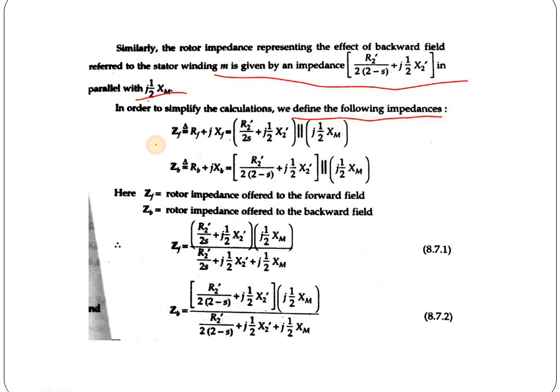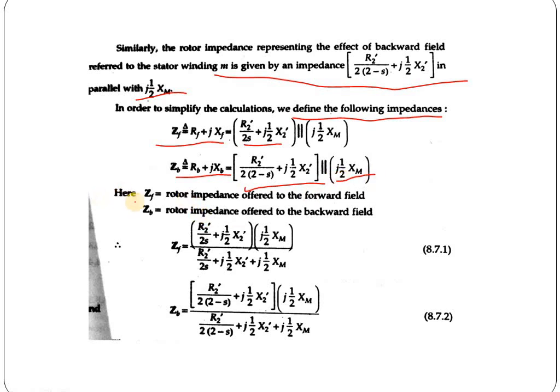For the forward field, Zf equals Rf plus jXf, where Zf is R2 dash by 2S plus jX2 dash by 2, in parallel with jXm by 2. Similarly, for the backward field we can calculate Zb equals Rb plus jXb, that is R2 dash by 2 into 2 minus S plus jX2 dash by 2, again in parallel with jXm by 2.